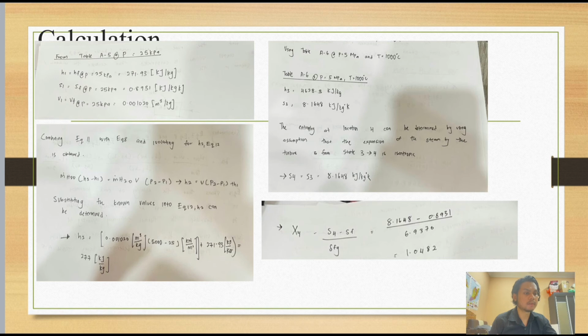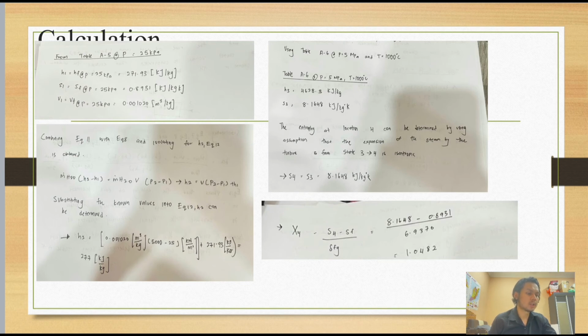Looking in table A5, it is observed that the corresponding saturation temperature is 263.95 Celsius. Since the temperature at location 3 is greater than the saturation temperature, the steam must be superheated. So I use table A6 with pressure 5 megapascal and temperature 1000. Easily I get the information H3 and S3.